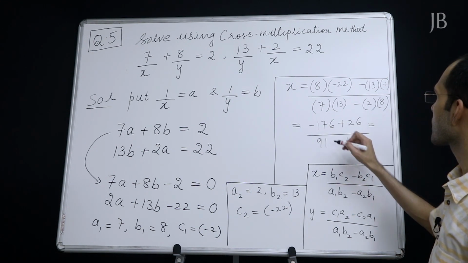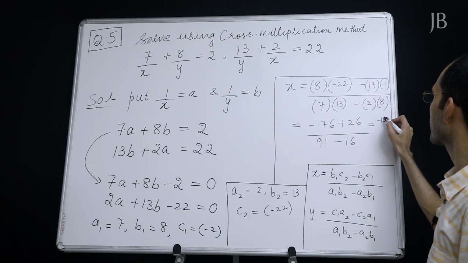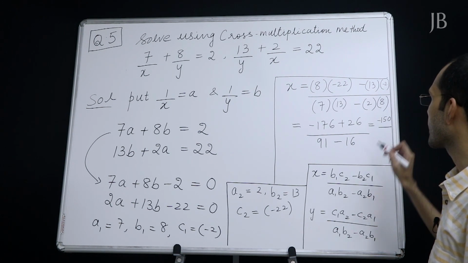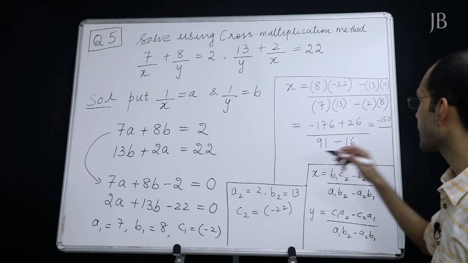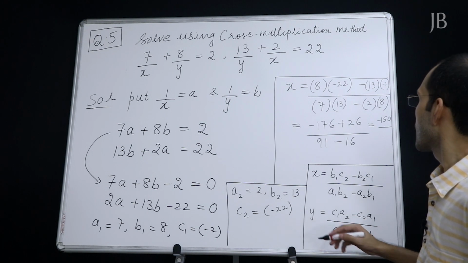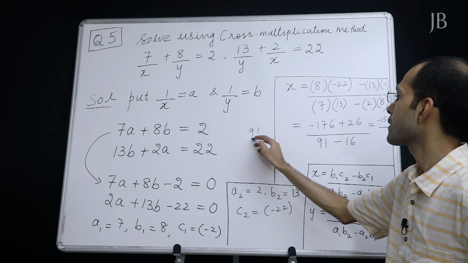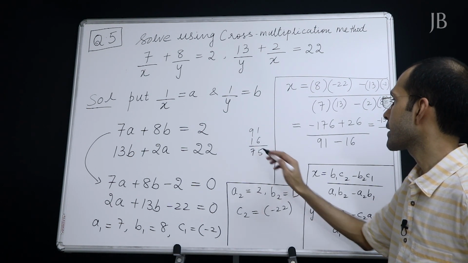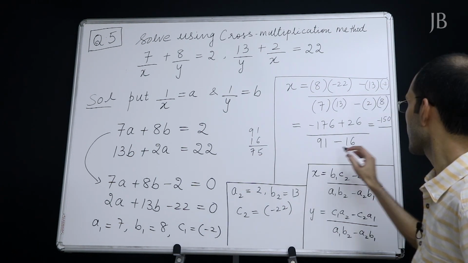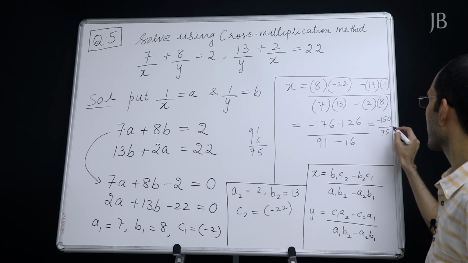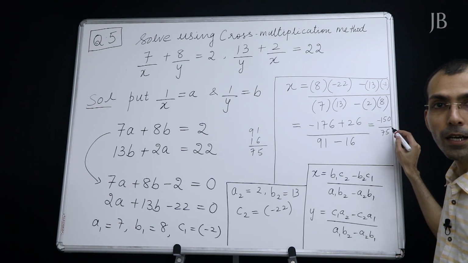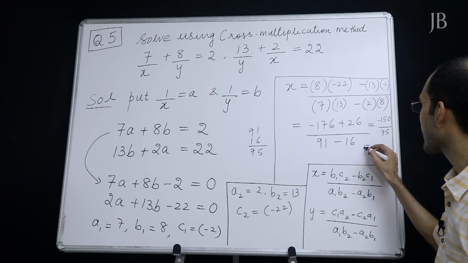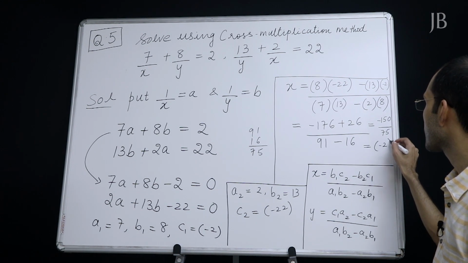This will be how much now? Minus 150 divided by 91 minus 16. How much is it? 75, correct? Yes, 75. So minus 150 upon 75, that is minus 2.